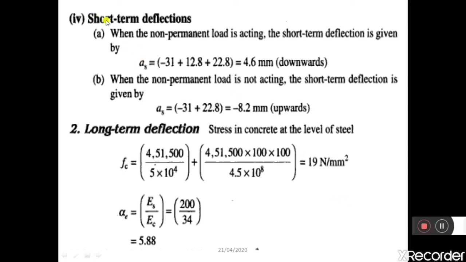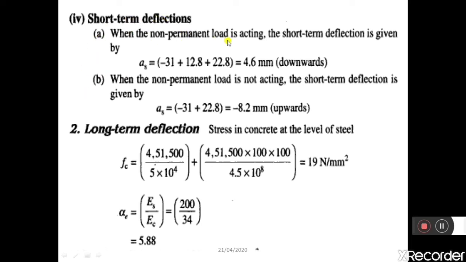Now, short term deflection. As I said, short term deflection means the deflection due to self weight, due to live load and due to pre-stress of a cable. So in short term deflection we shall consider two cases.